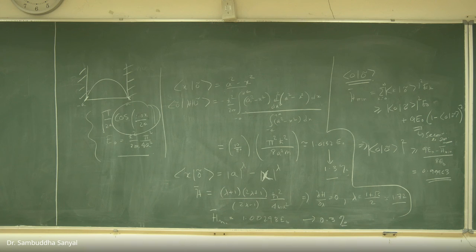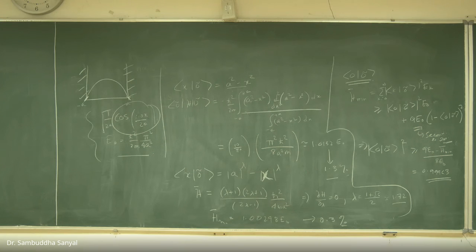Why should I put 1 minus |<0|0~>|^2? Because the ground state is already counted in that, so I am taking that out.